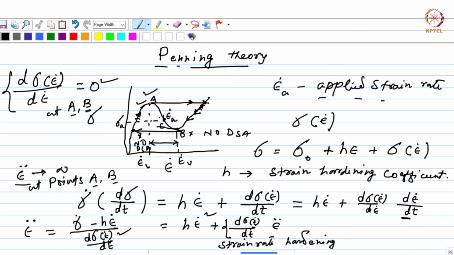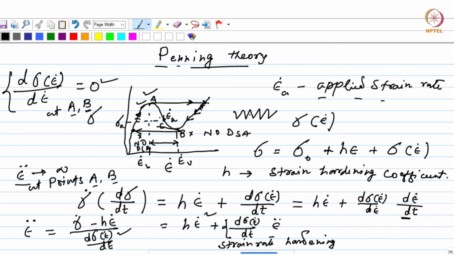And the moment it comes to point A, the same thing will repeat all over again, and it will come back to point B, and the same thing will repeat, and that is how this will continue to occur, and you will get those serrations.